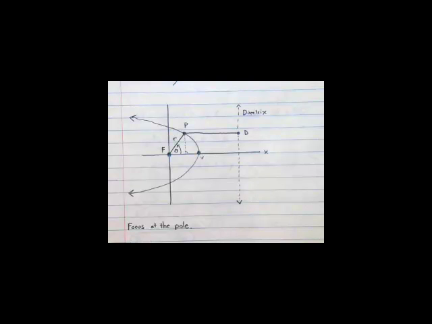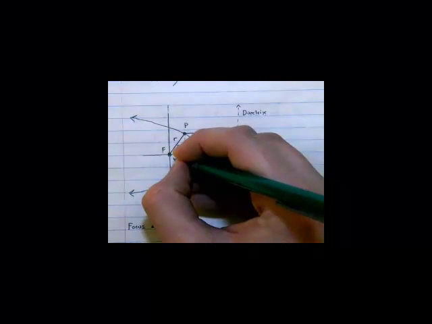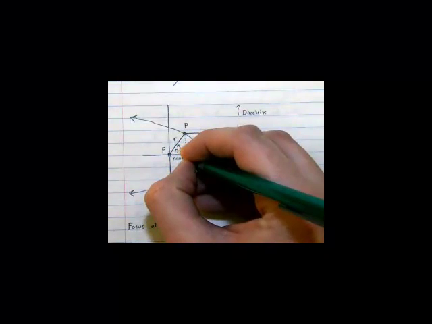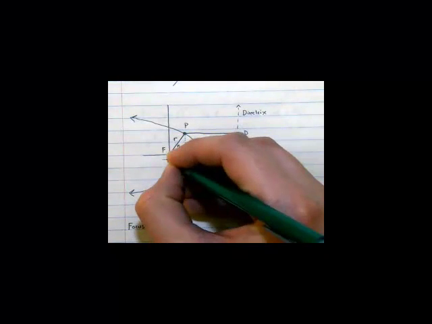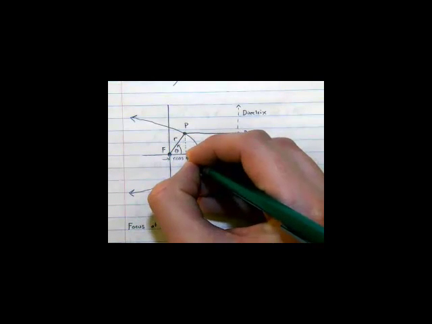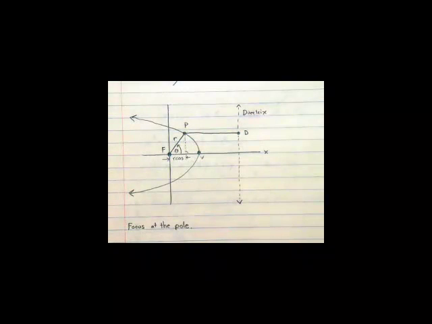I'll give you a hint. It has something to do with cosine or sine. It's cosine because it's in the x direction. r cosine, right. So this distance here is r cosine.